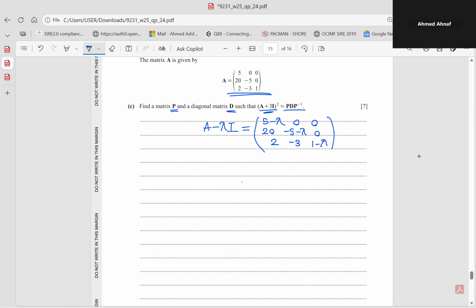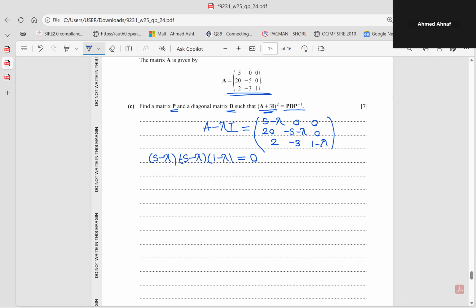And now we're going to find the characteristic equation. So the determinant of 5 minus lambda, minus 5 minus lambda, 1 minus lambda, minus 0, 0, 0, so it's just 0.